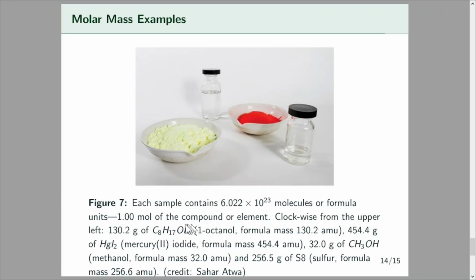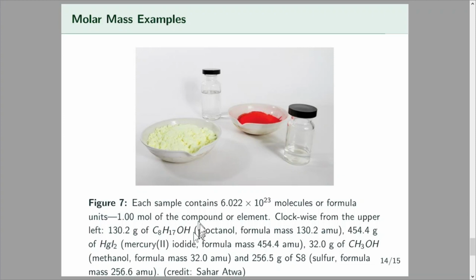And so, for example, clockwise from the upper left, I think it's this guy. This is 1-octanol. I don't know what that is. But its formula is C8H17OH.